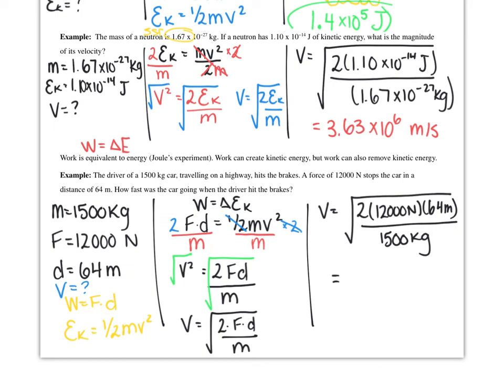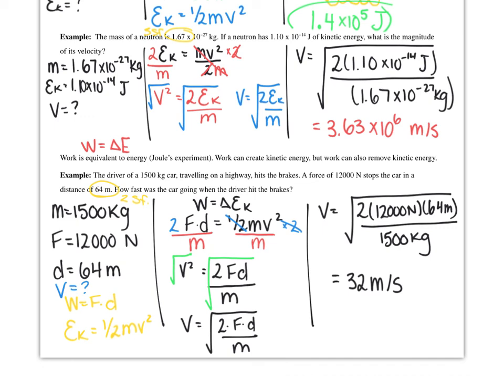When you solve this, making sure that you multiply all the way across the top, divide by 1,500, and then square root that value, I ended up with 32 meters per second. And that was rounded to 2 significant figures because of the 64 meters.